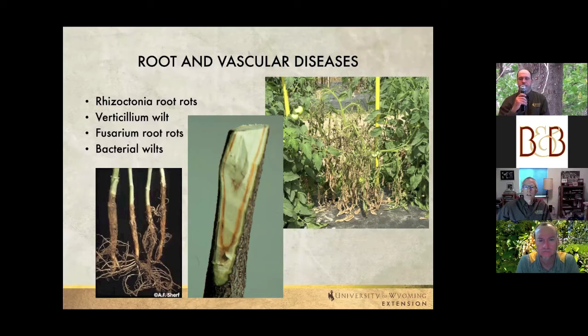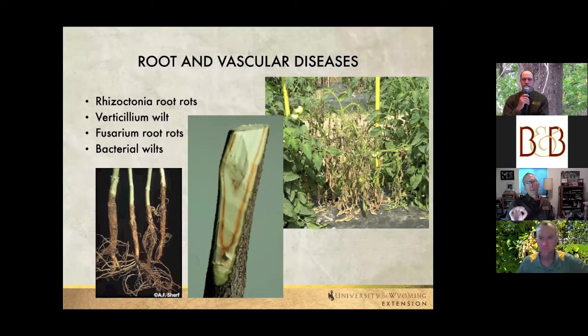So you'll typically see a situation like this where the plant is unthrifty, wilting, necrosis, things like that. A vascular disease is when the pathogen actually gets in the vascular tissue, whether it be the xylem, the water conducting elements, or the phloem, which are the nutrient conducting elements. The pathogen actually gets in those tissues and parasitizes them, physically blocking them, again causing a wilt.